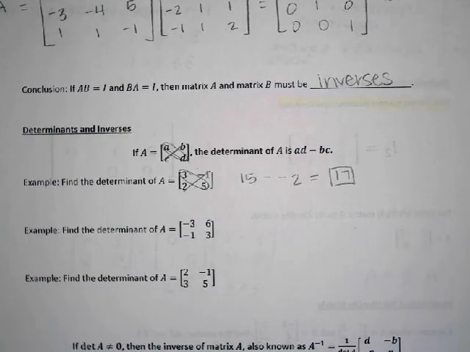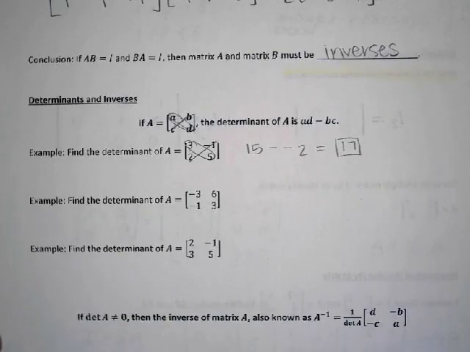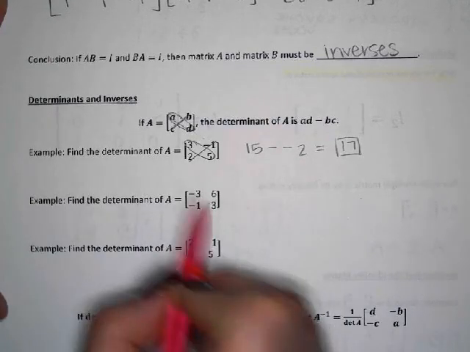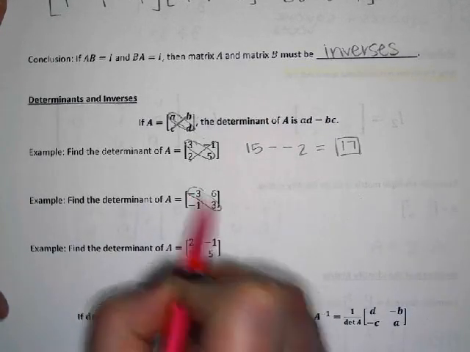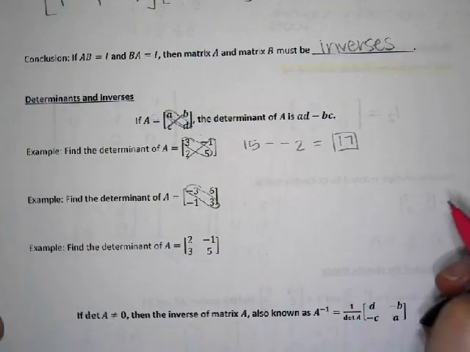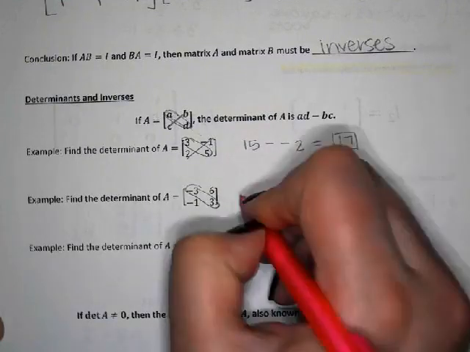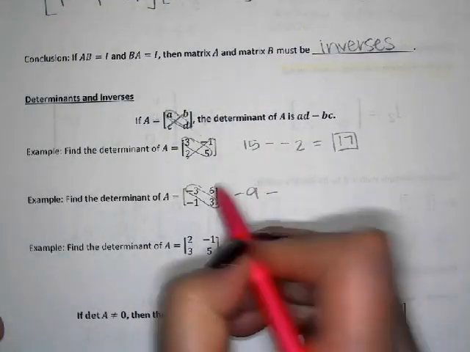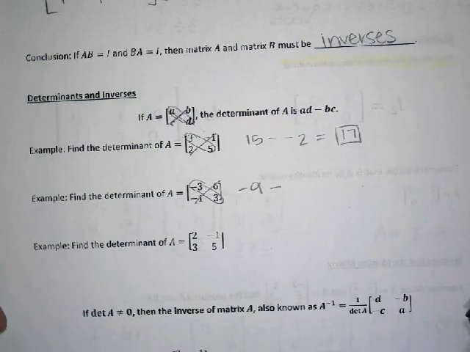So the next one, the determinant, we read left to right, top to bottom. -3 times 3 is -9, minus the other one, -6. -9 minus -6 is -3.